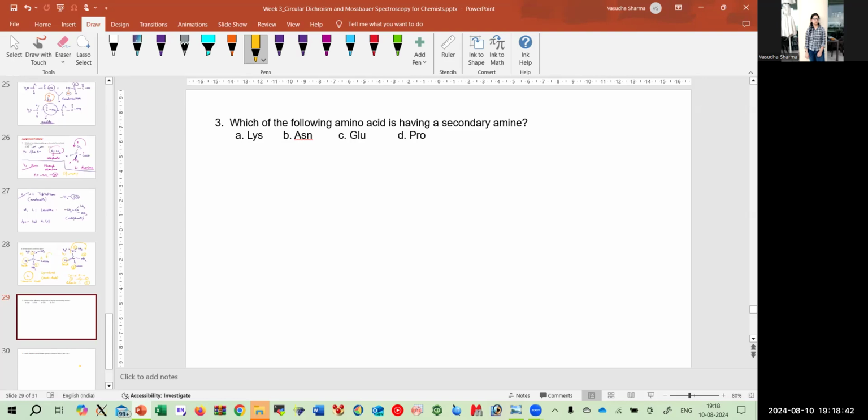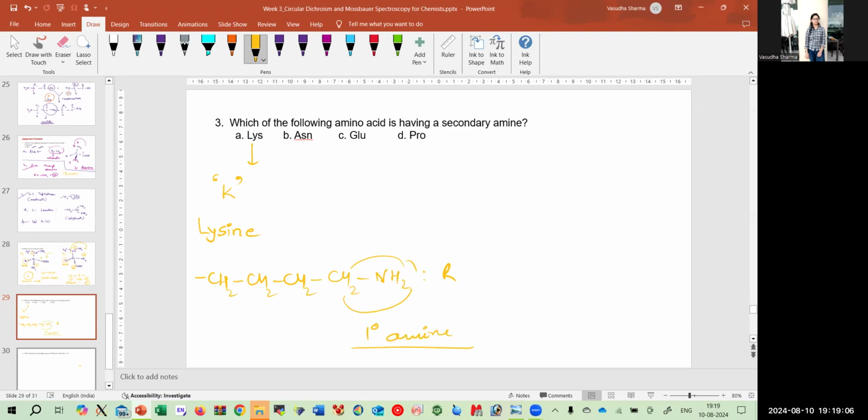So you know that what is lysine. Lysine symbol is K, and this is lysine, which is CH2, CH2, CH2, CH2, and NH2 group R. So this is a primary amine.